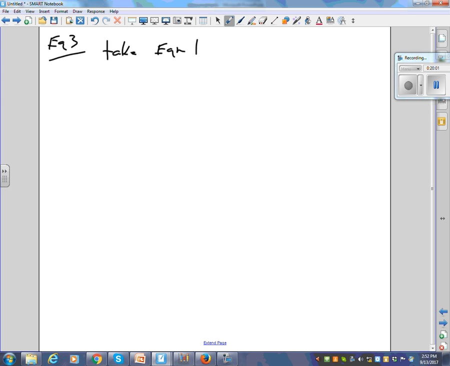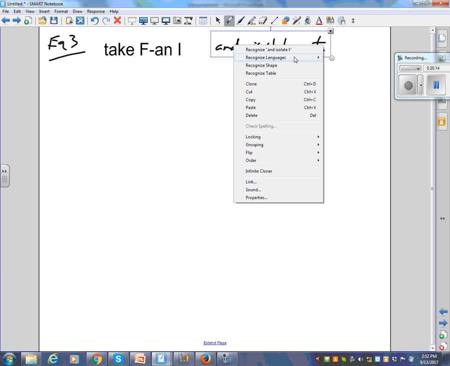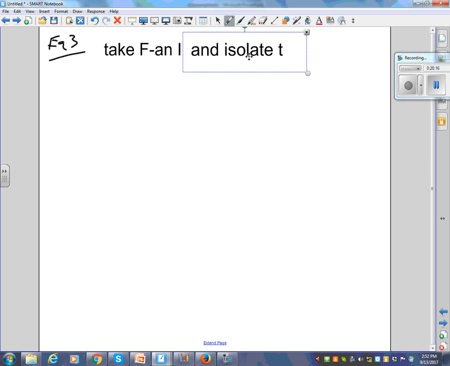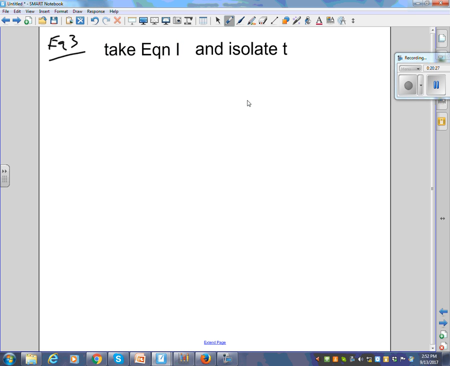We're going to take equation 1 and isolate t. When I say isolate t, I mean put t all by itself.